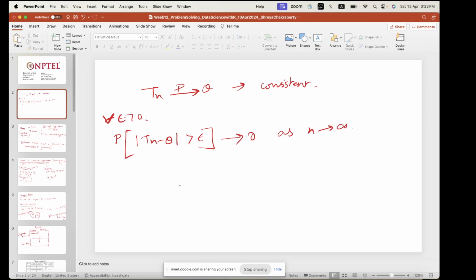Now this one you can write as probability Tn minus theta greater than epsilon, which is actually equal to probability Tn minus, so this is a positive quantity.